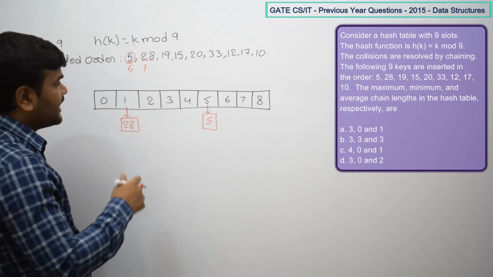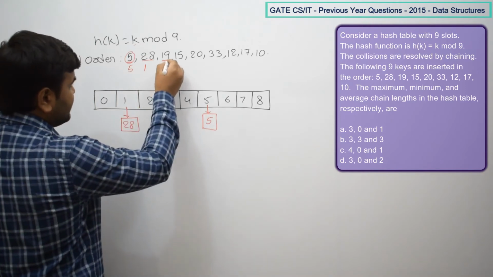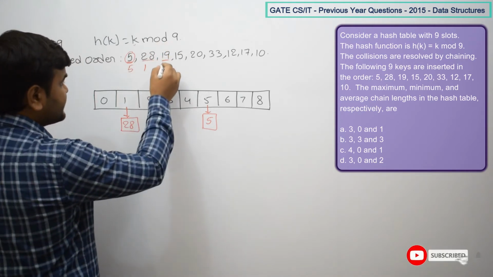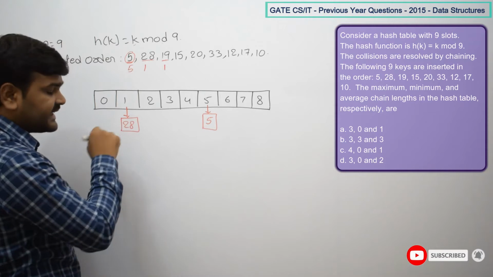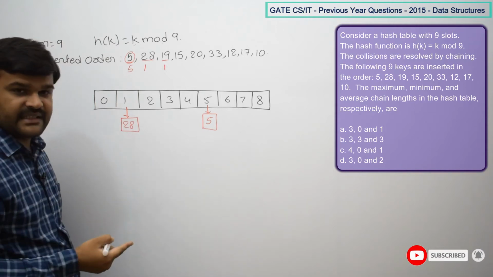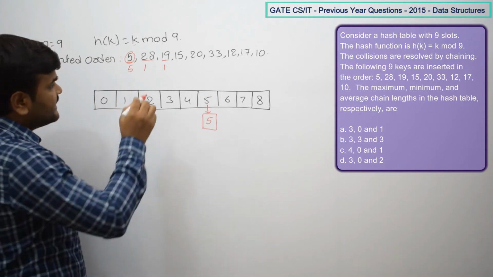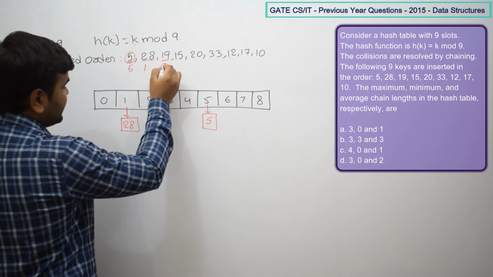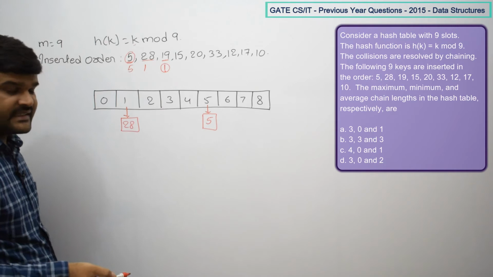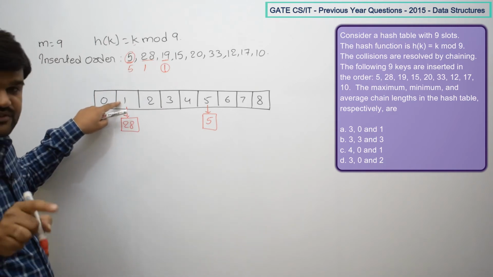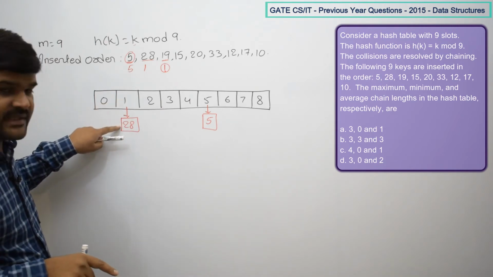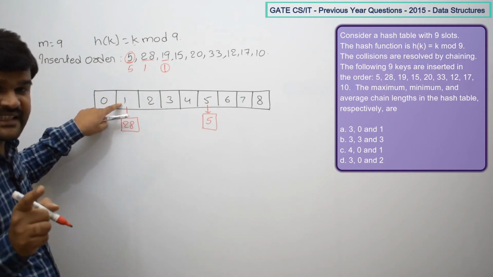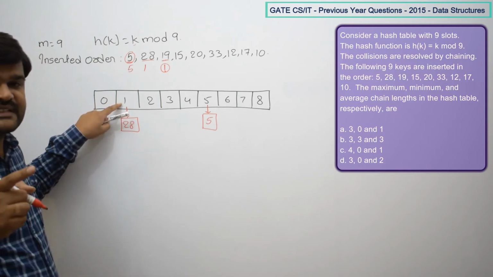Now the next element is 19. 19 mod 9, remainder is 1. So you will now get clarity on what chaining means if you didn't know earlier. The hash value is 1, so we have to store it in the first location, but there is already an element there. So a collision is there, but in chaining we don't have any collision problem.